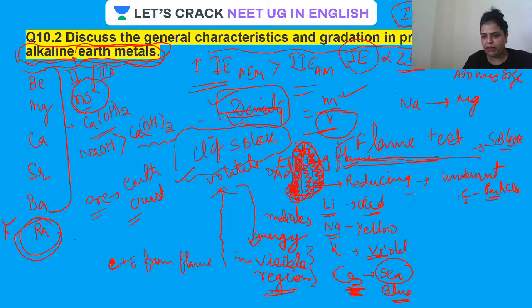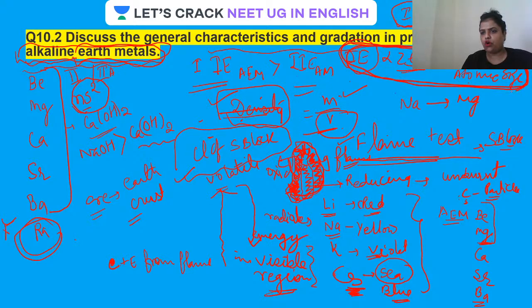Okay, guys. Now coming to the flame coloration of alkaline earth metals, guys. See, as we move down, size increases. The first ionization energy has to decrease, guys. Initially the first one is beryllium, then magnesium, then calcium, then strontium, then barium. Beryllium and magnesium are very, very small in size, isn't it? Atomic size is inversely proportional to ionization energy.